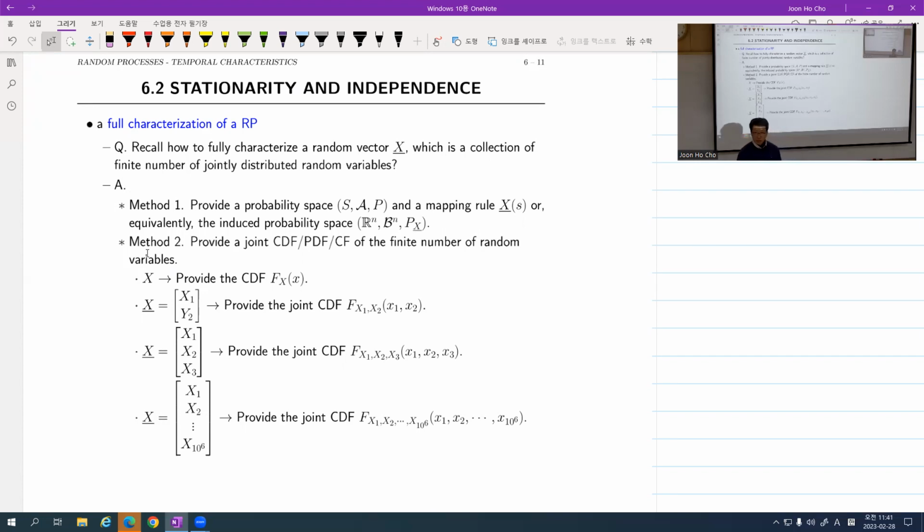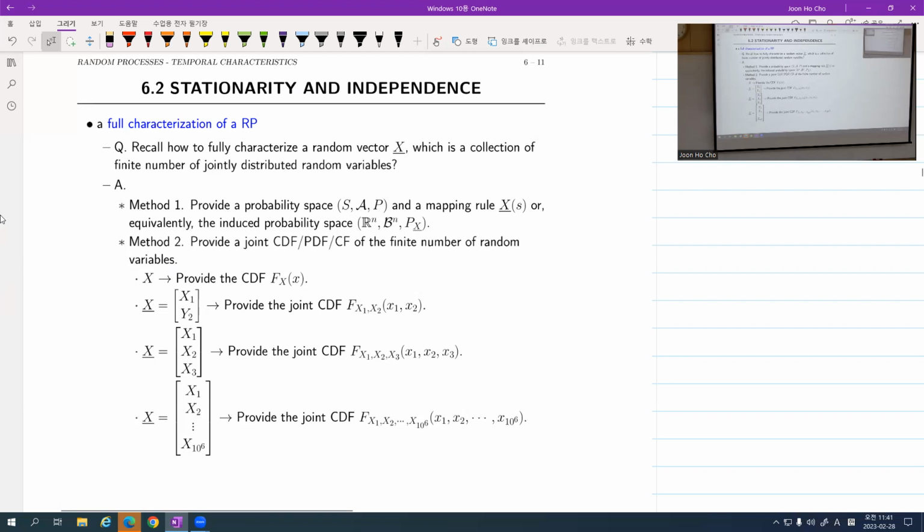The second is that you somehow find an abstract probability space and that selection or mapping rule, that measurable function. So there are two ways. Which one do you prefer? Of course, the first one. So that is method one, and method two I just mentioned. It's like you choose any single random variable from the collection of jointly distributed random variables, and then you do the second thing, third thing, something like that.